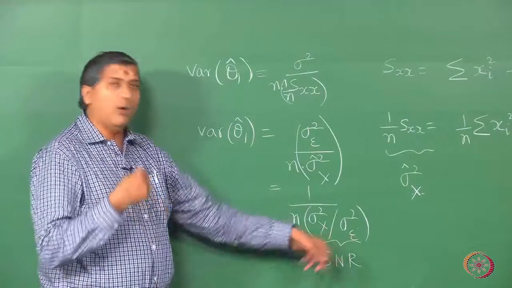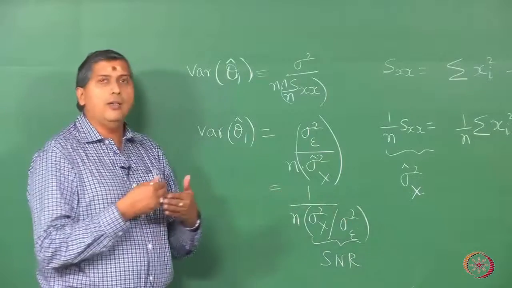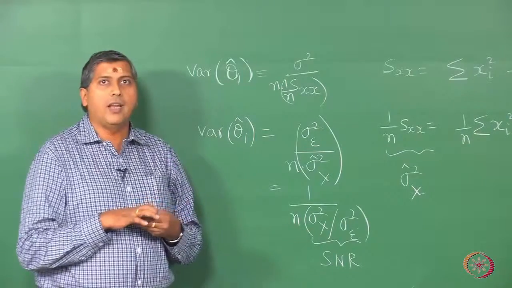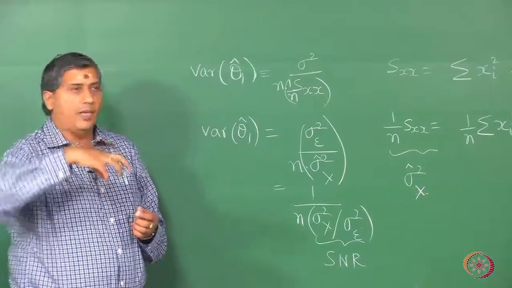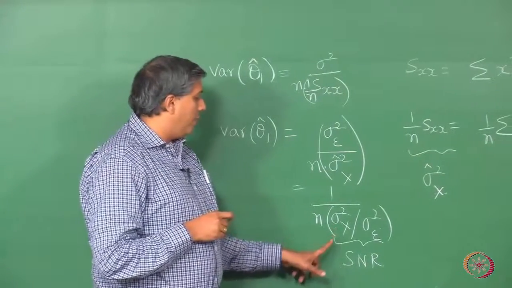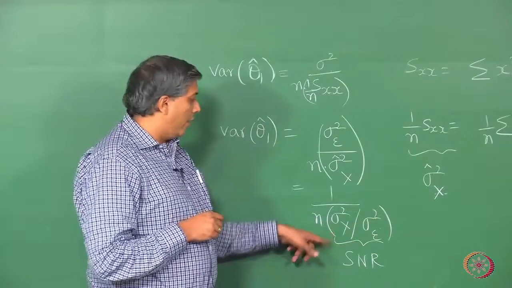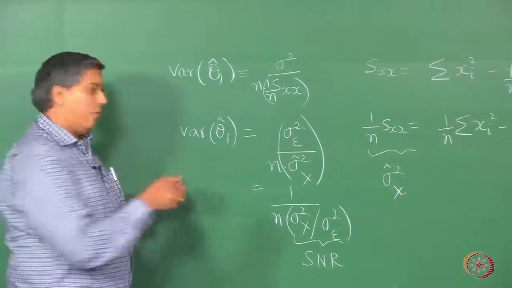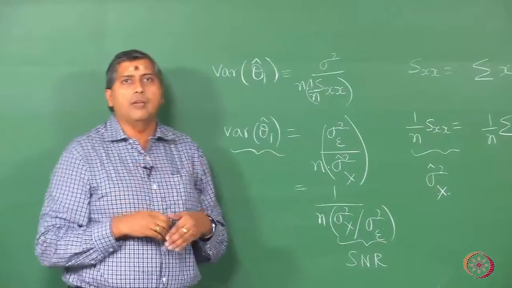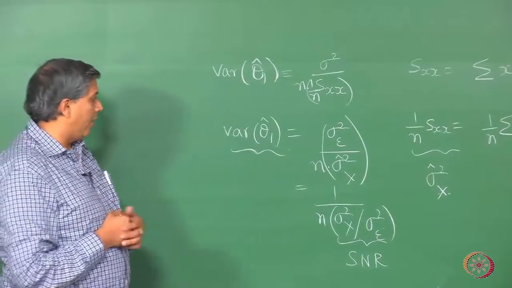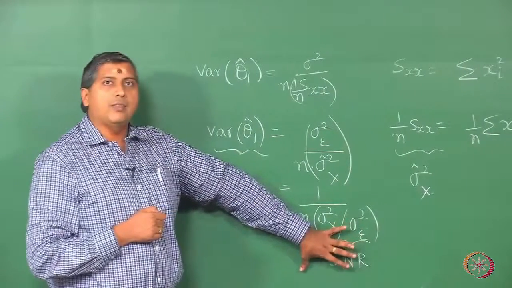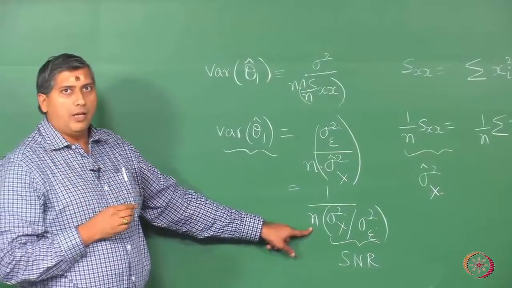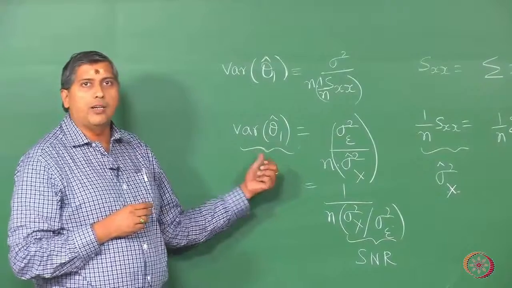Sigma square epsilon tells me the level of uncertainty or randomness in y, and sigma square x tells me the power in x, which is the independent variable. As long as I maintain a very high SNR, I would get low values for the variance in theta 1 hat, consequently low errors in theta 1 hat. Alternatively, at a fixed SNR, if I increase the sample size to a very large value, then also I get low errors in theta 1 hat.